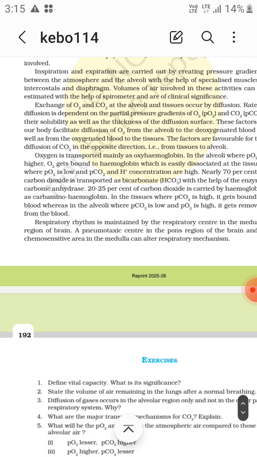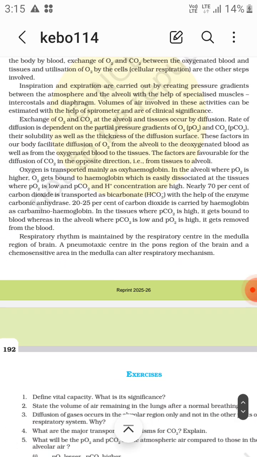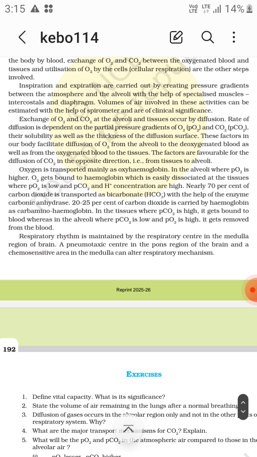Now, respiratory rhythm is maintained by the respiratory center in the medulla region of the brain.